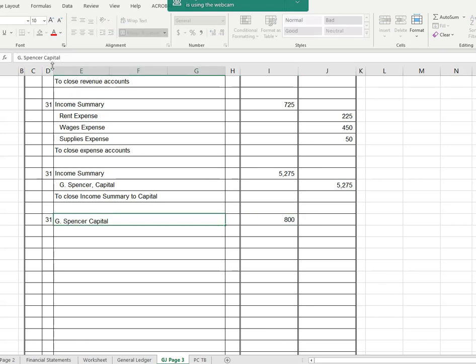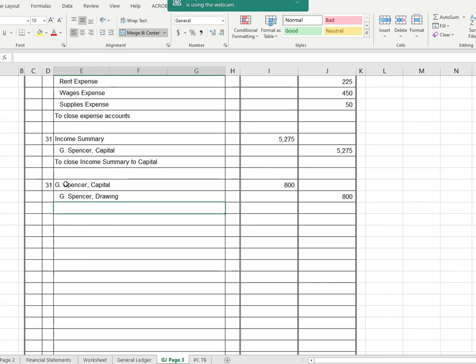Because I've got to credit my G. Spencer drawing account to close that out. Okay, so now that one is closed. So what I'm going to do now is my explanation: to close owner's draws to capital.